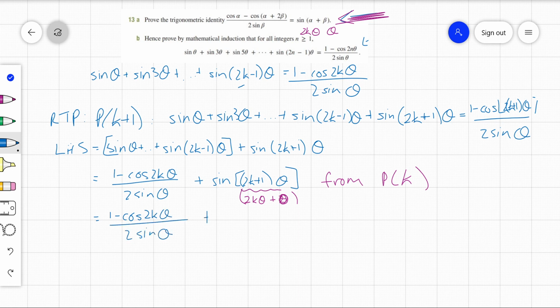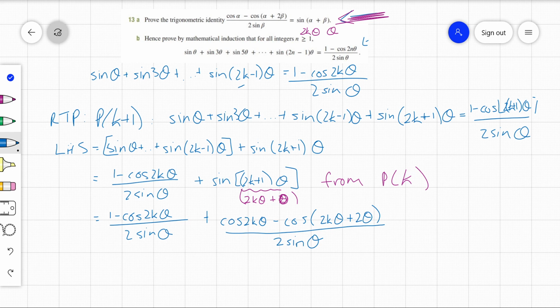And this bit here we're going to use, so remember alpha is 2k theta, so we're going to have cos 2k theta minus cos of alpha, which is 2k theta, plus 2 lots of beta, and beta is theta, so 2 lots of theta, and it's all on 2 sine beta, and remember beta is theta. All right, try and keep that in your head.